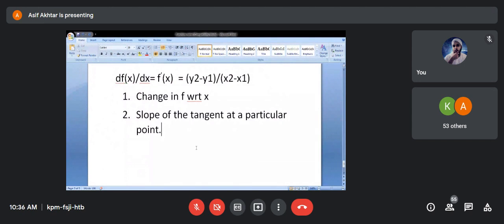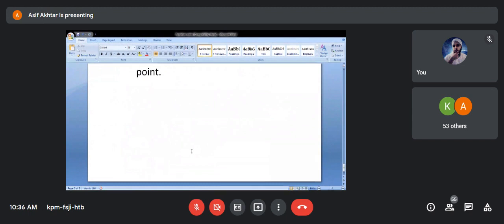Now, definition wise, it seems very simple. We can calculate the difference y2 minus y1 on one side, and x2 minus x1 on the other side. But this is not so simple, because the nature of functions is very different.